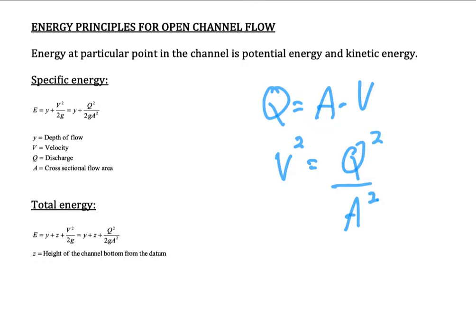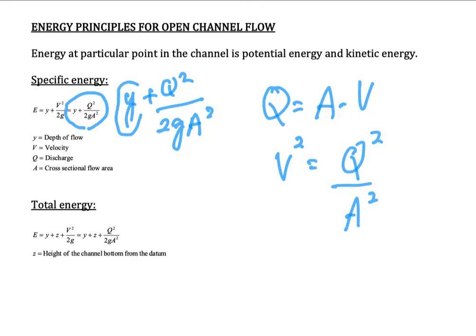So now the equation of specific energy is y plus Q squared over 2g A squared, and y here is the depth of flow.